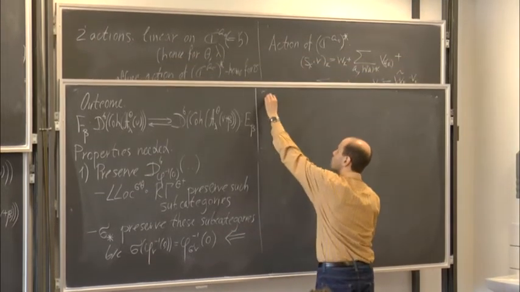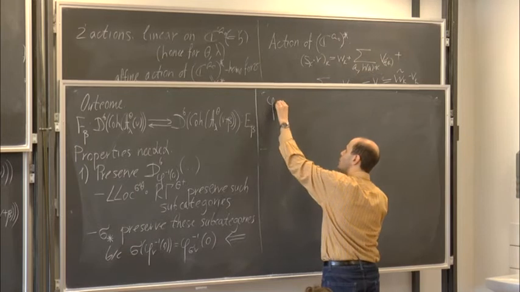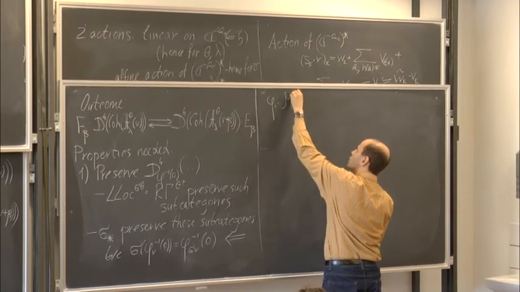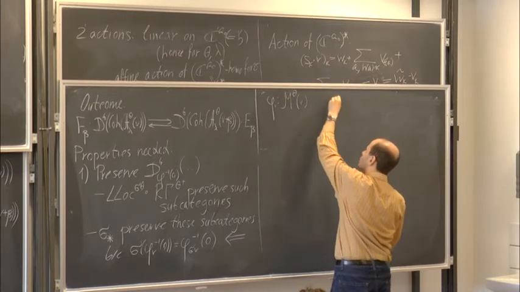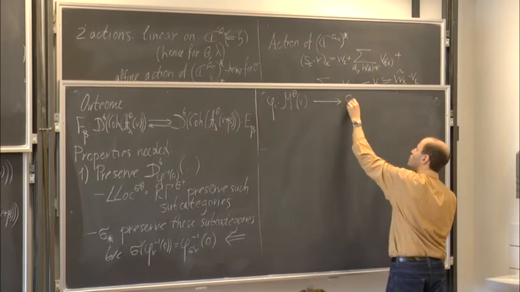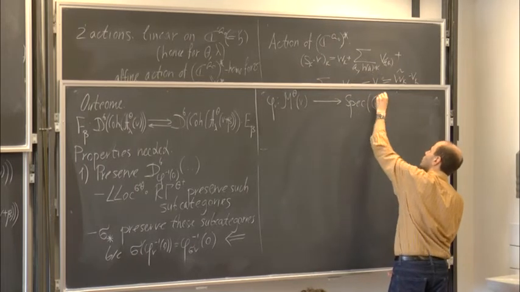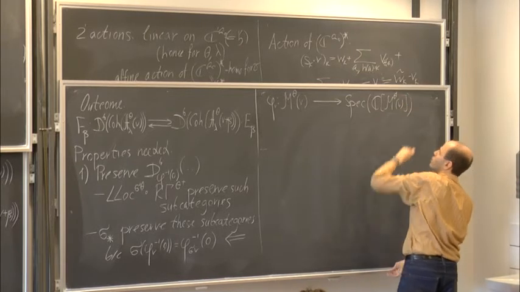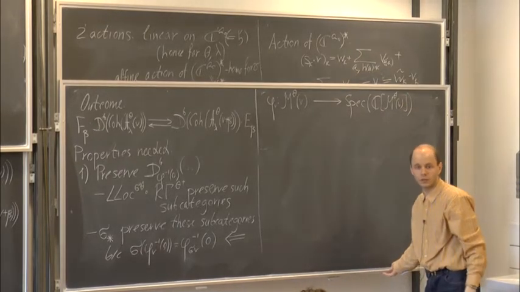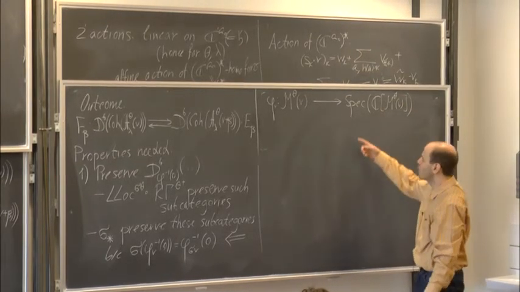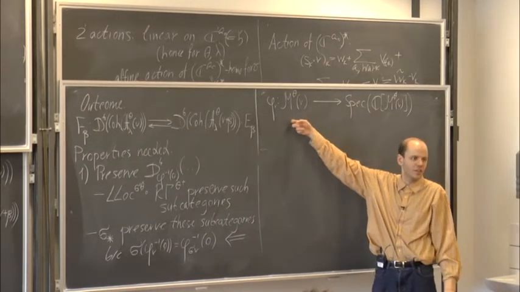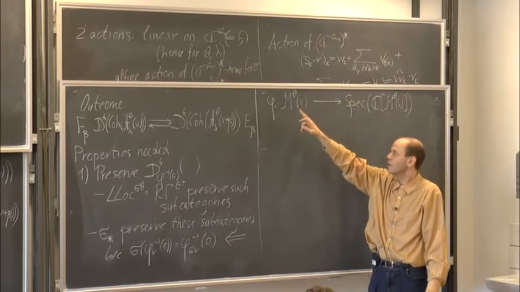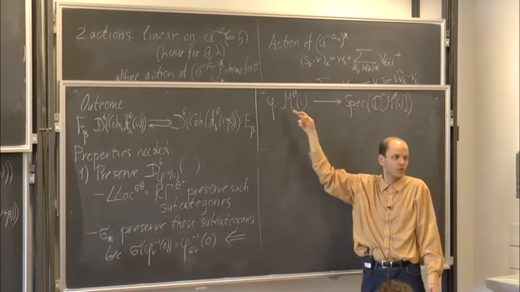So what is phi? Phi v, if you remember, was a canonical morphism from M theta v to the spectrum of regular functions on M theta v. So that was the construction. And obviously, if you apply an automorphism of this variety, nothing is going to change. So the automorphism will map this morphism to the similar morphism.